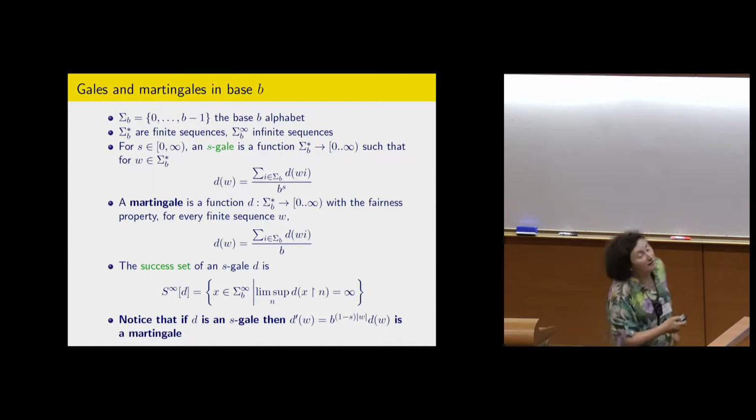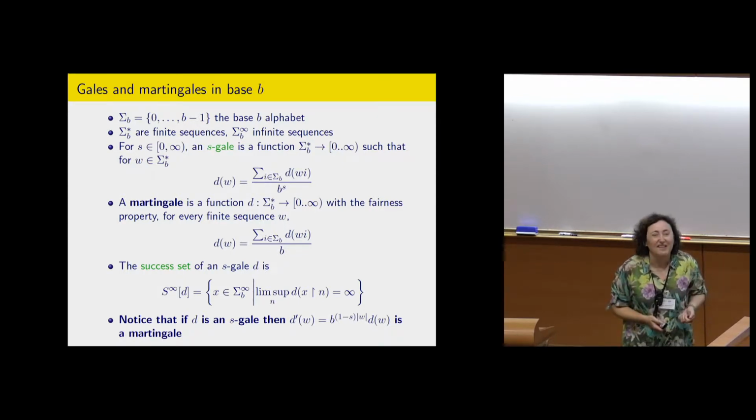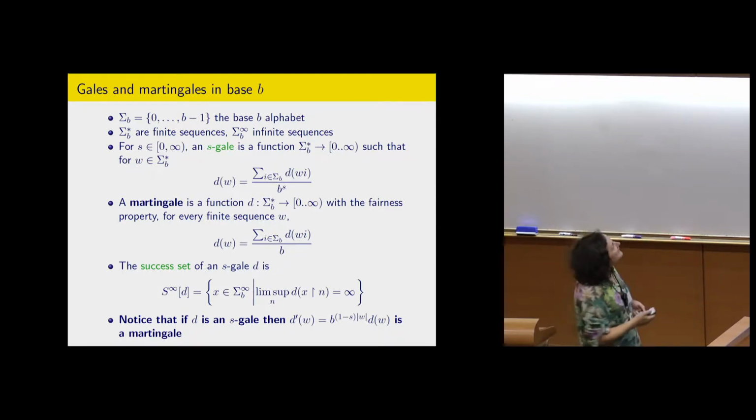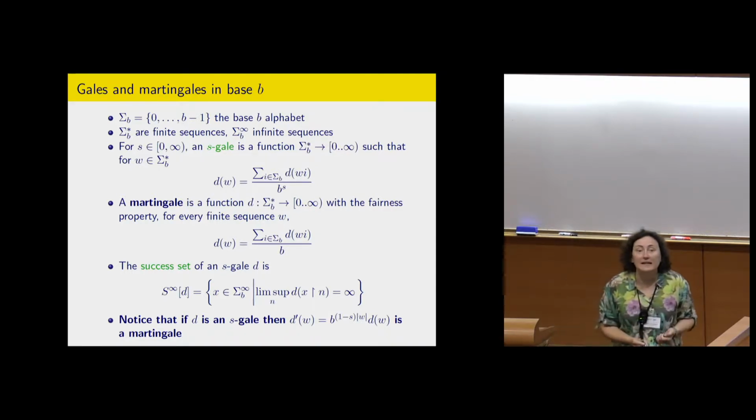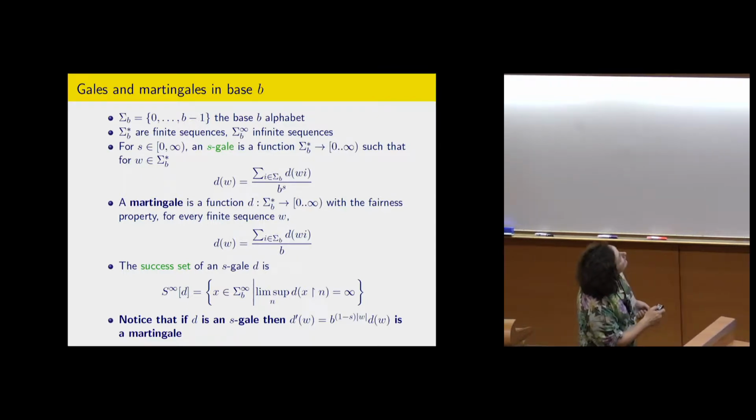And an s-gale, which you probably have seen before, even if you were not here in my lectures, is a function d. And this is the fair condition. It represents a betting strategy, and the fair condition is modulated by s. And well, you might be more familiar with martingale, which is a 1-gale.